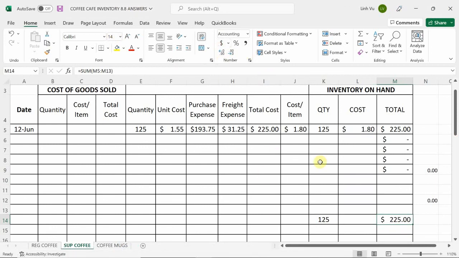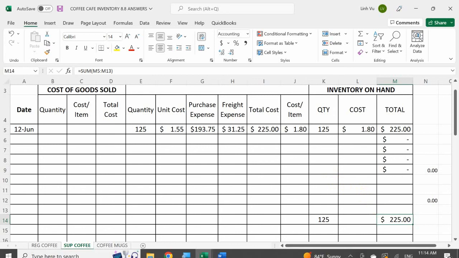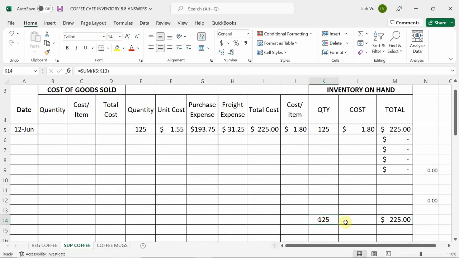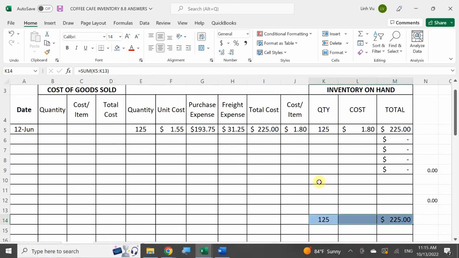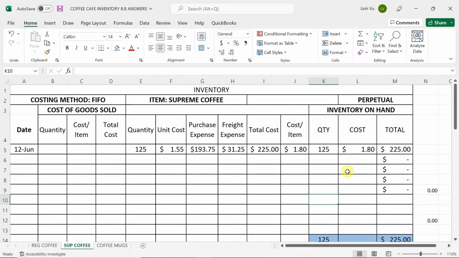Because again, I have to keep my batches of inventory separate. So every batch that I purchase, I'm going to make a note on it so you can see it right here. I'm also going to highlight this so you know how many items you have on hand at all times. So right now, for that one batch of inventory, I currently have 125 pounds.